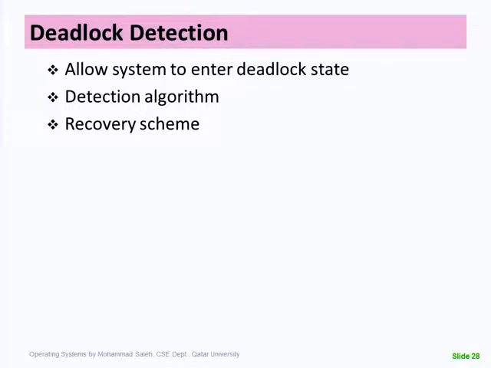Which means, in this case, when processes request resources, as long as they are available, the system will just allocate these resources to the processes without checking, as we did in the banker's algorithm. And that might lead to deadlock situations.